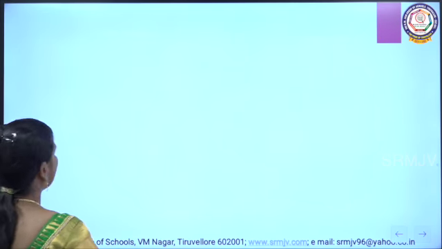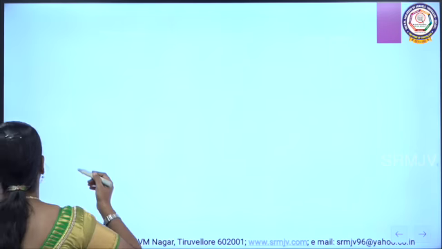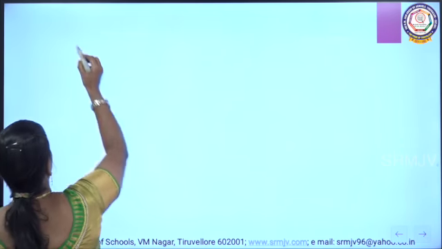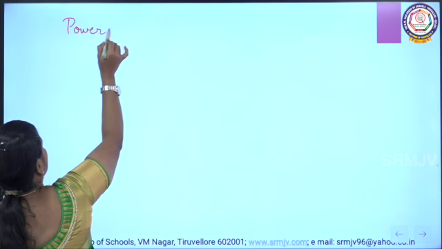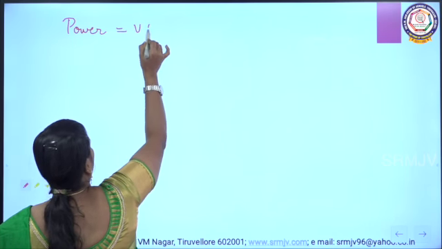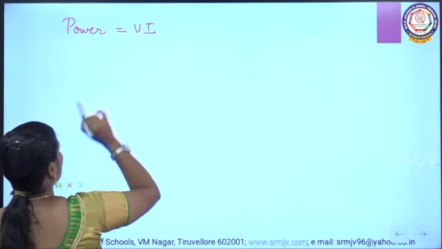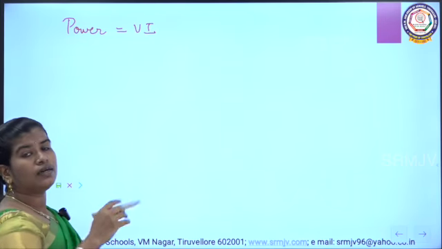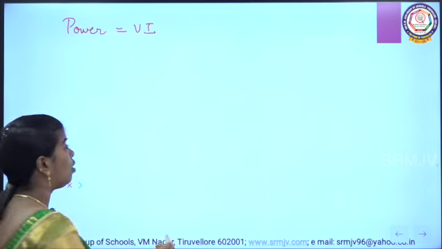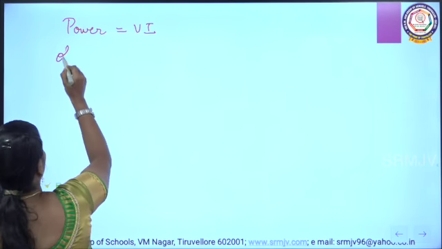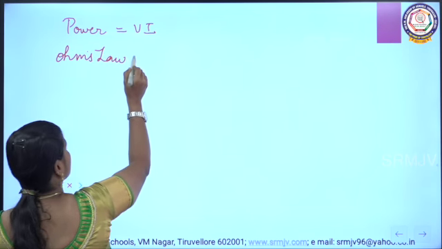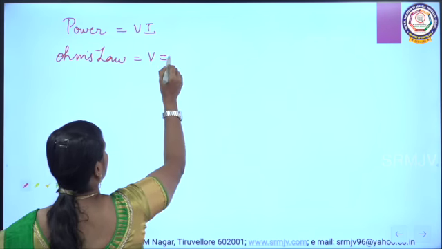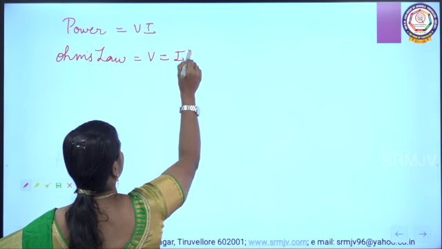Now, let us define what a watt is. Before that, as I said earlier, power is equal to VI. We can substitute Ohm's law here. According to Ohm's law, V is equal to IR.